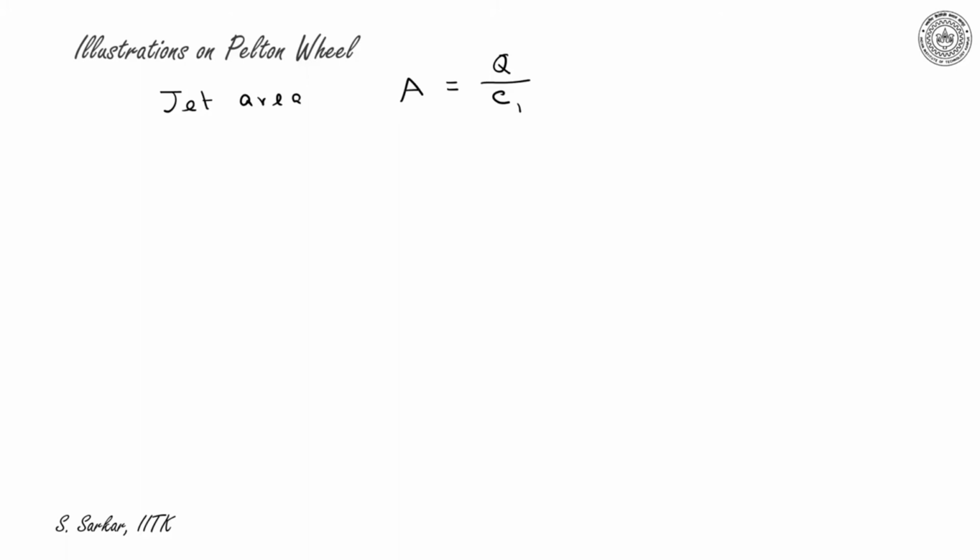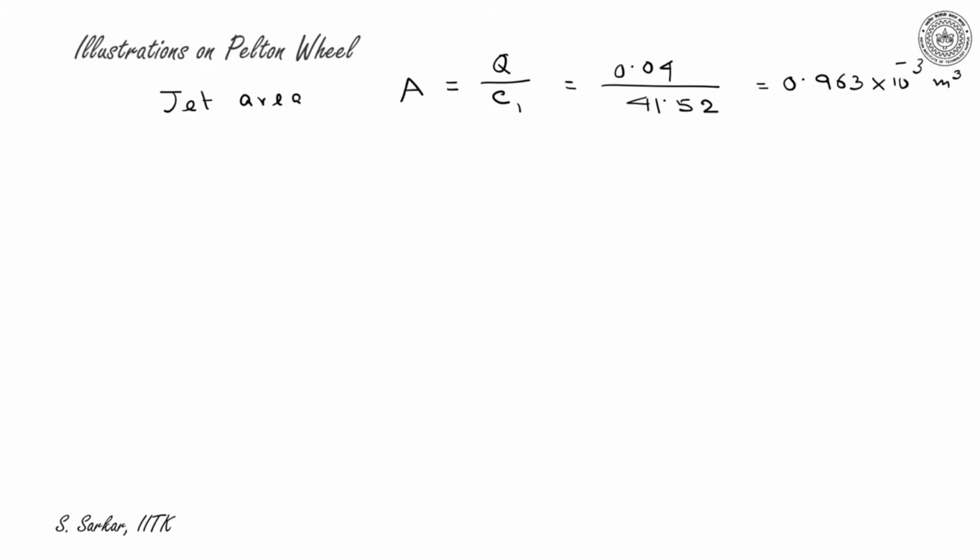Now I know the value of Q, 0.04, C1 is 41.52. If you evaluate this, you will get 0.963 into 10 to the power minus 3 meter cube.